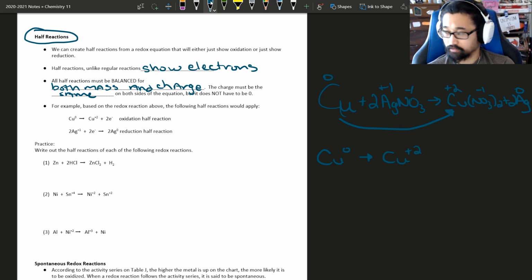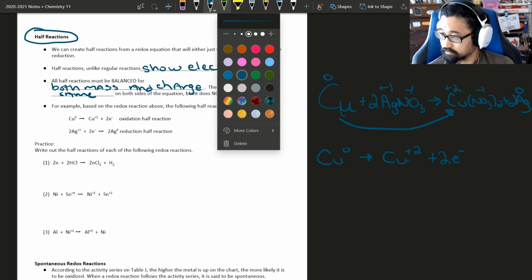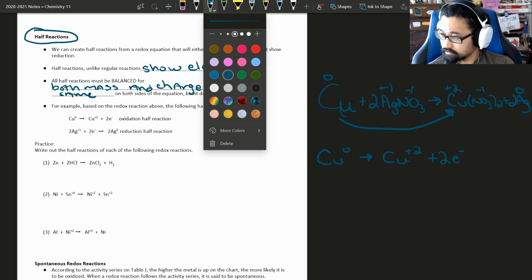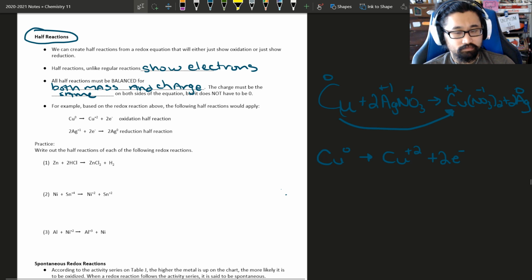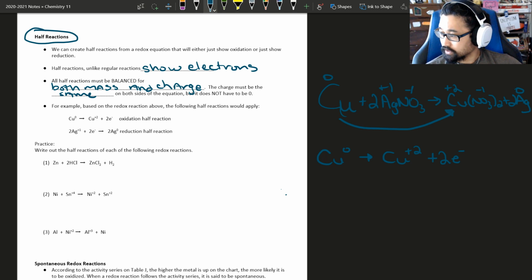If I need to balance this for charge, I need to add 2 electrons to the right side. That is just a lowercase e with a negative sign, implying that it has a negative 1 charge. Now if I look, the copper starts with 0, ends with plus 2, but the thing is, the total charge on my left side is 0.